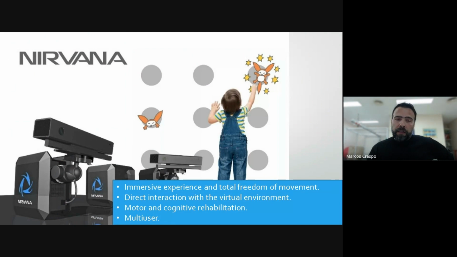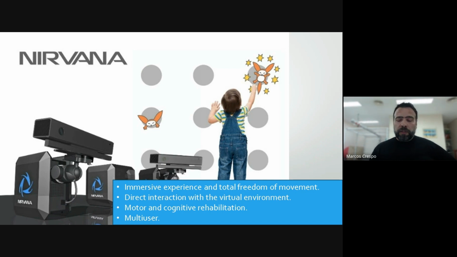It is very easy to use, with freedom, with a lot of movement, with a lot of interaction with the entire body of our patient. This is a very important feature. We can use it in motor, but also in cognitive rehabilitation. As I said at the beginning, we always work with motor and cognitive rehabilitation together.